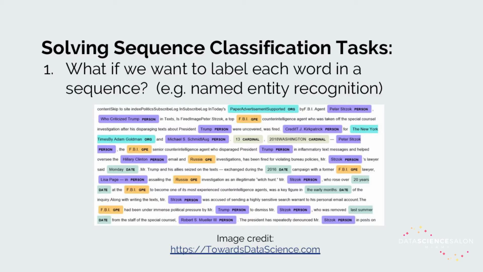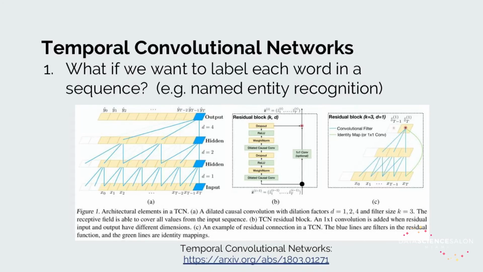As I said before, named entity recognition is an example of a task like this, where you read over some text and you learn to identify whether or not something is a proper noun. And here I'm going to introduce something called temporal convolutional networks. So this is one option we have if we want to label every single word in a sequence.